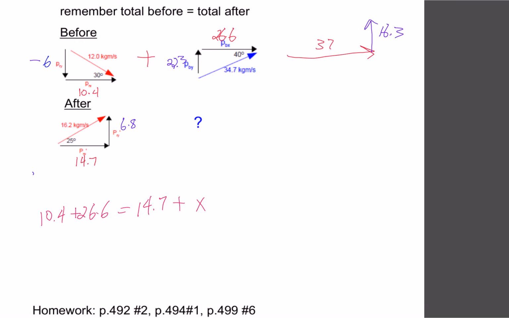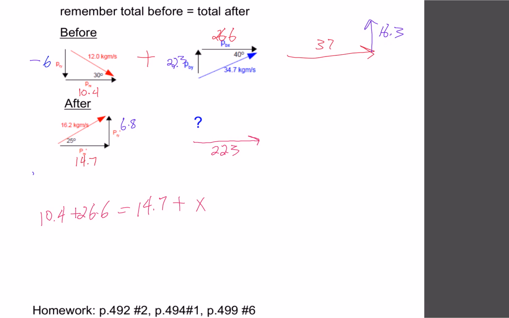We'll get 37 minus 14.7, and that gives us an answer of 22.3. So we know our horizontal one has to be 22.3, because 22.3 plus 14.7 is the same thing as 26.6 plus 10.4.